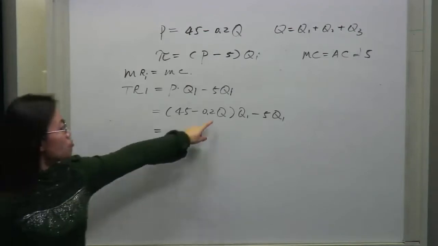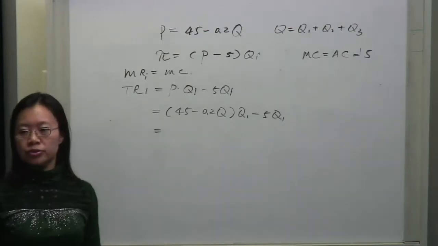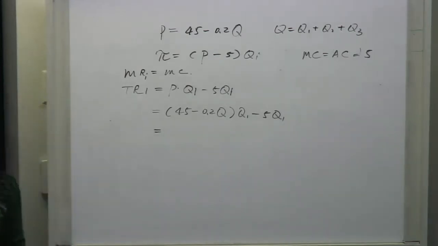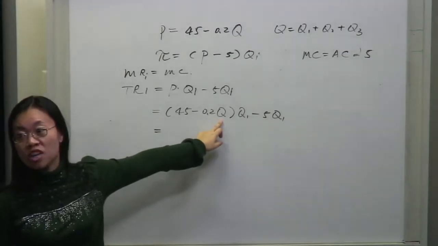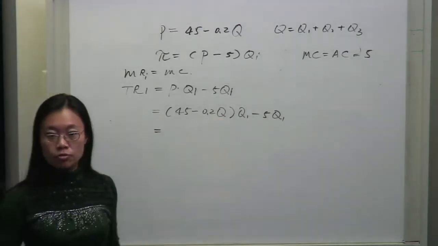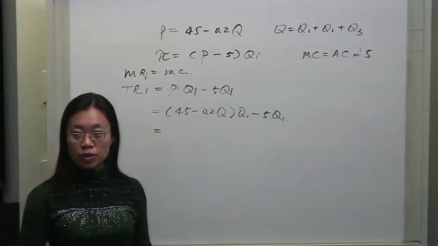There is a Q1 here, but there's this Q here. What do we do with it? We're going to use Q1 plus Q2 plus Q3 to replace that, right? You remember that?